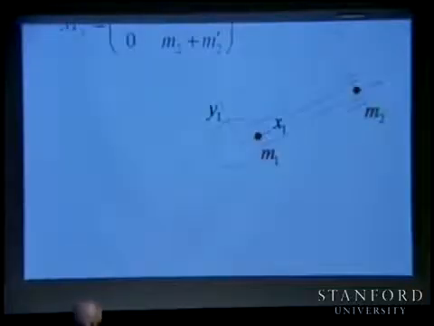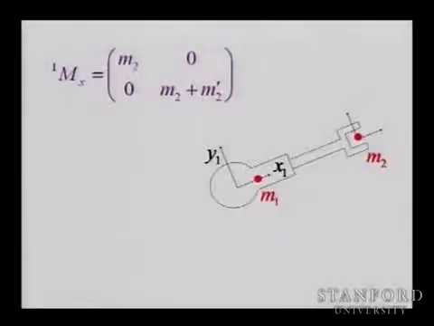And that turns out to be, again, a diagonal matrix like this. So in frame 1, the mass properties, let's now think about whether this mass matrix for the end effector makes sense. So this robot has the following properties.